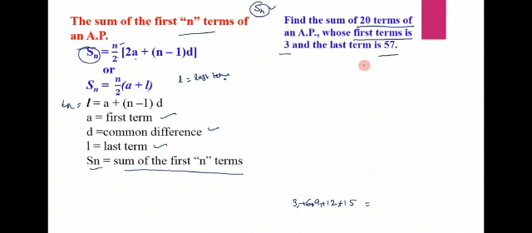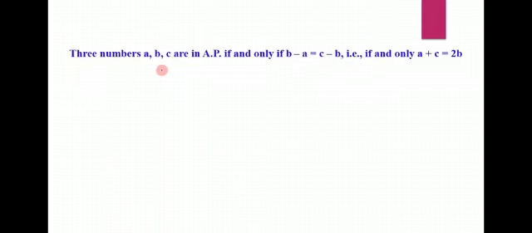Let us discuss one more important note. By this note, we are going to end this video. If three numbers A, B, C are in AP if and only if B minus A is equal to C minus B, that means the common difference should be the same.